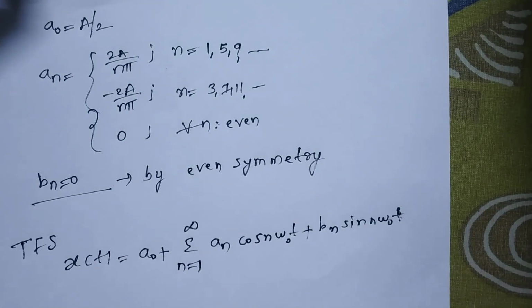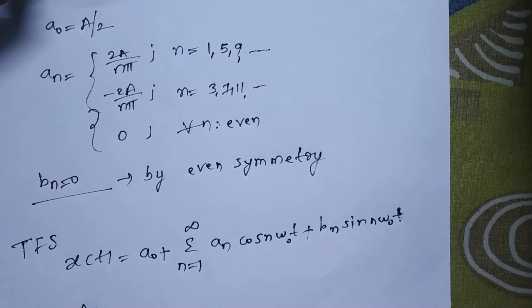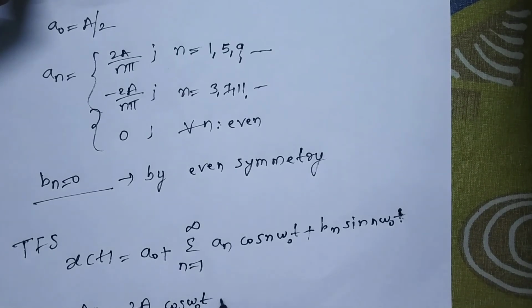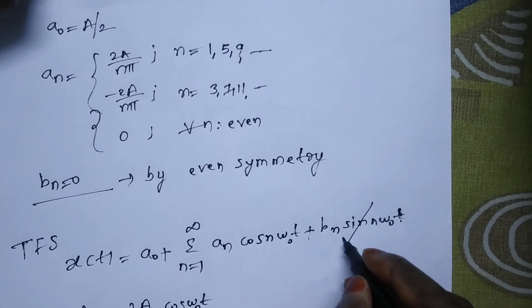Now let us expand our trigonometric Fourier series. A naught value we got as A by 2, plus for n is equal to 1, I got 2A by pi as the coefficient. Only cos terms will be present: cos omega naught t. And what about n is equal to 2? The value is 0, and there is no sin term.